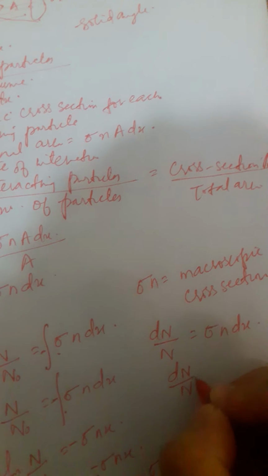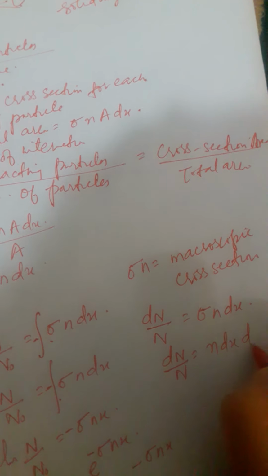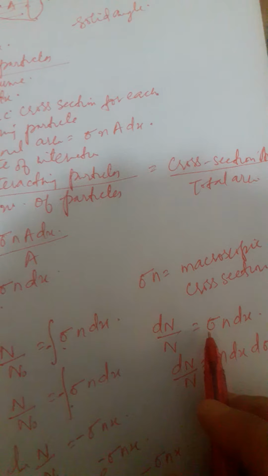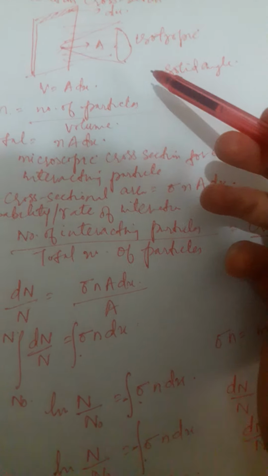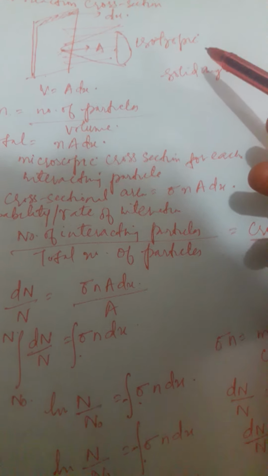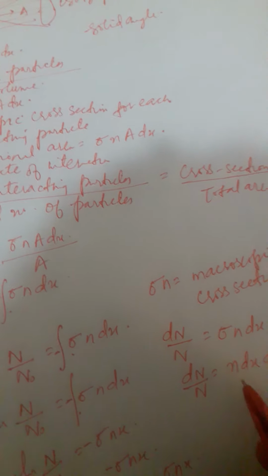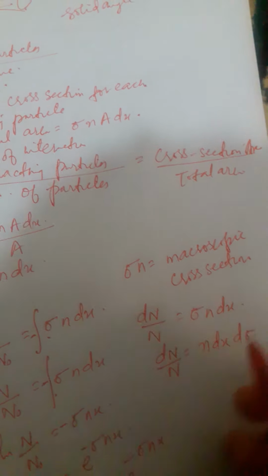For sigma, we can write d sigma, because this sigma factor further gets diminished. The entire area is not involved, and the interacting particles do not have a homogeneous dependence but have a certain angular dependence. So we write dn by n equal to n dx, and for sigma, d sigma.